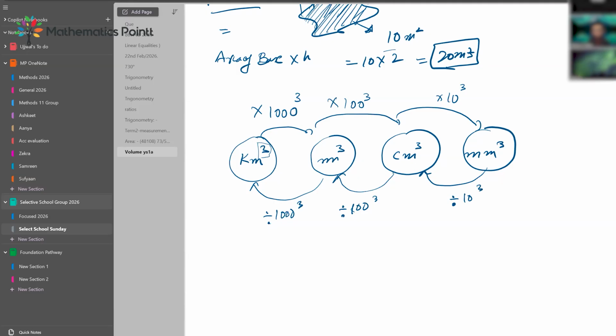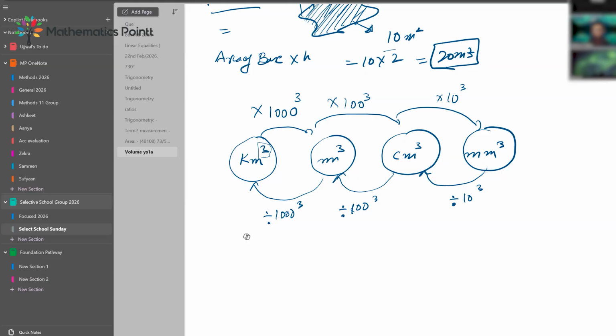So when you go from higher to lower units, you multiply. I've talked about it in my area lesson as well, in my perimeter lesson as well. You multiply when you're going from higher to lower. When you're going from lower to higher, you divide. Very, very simple.